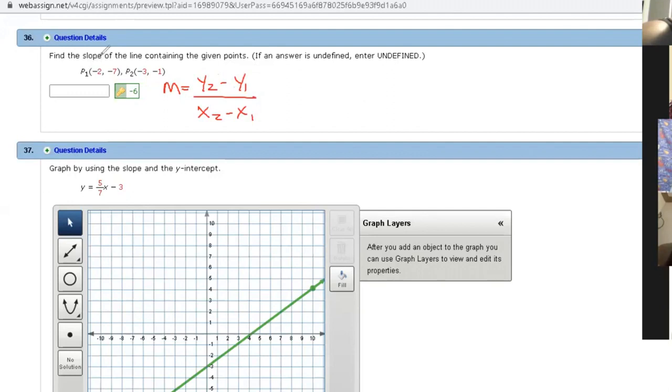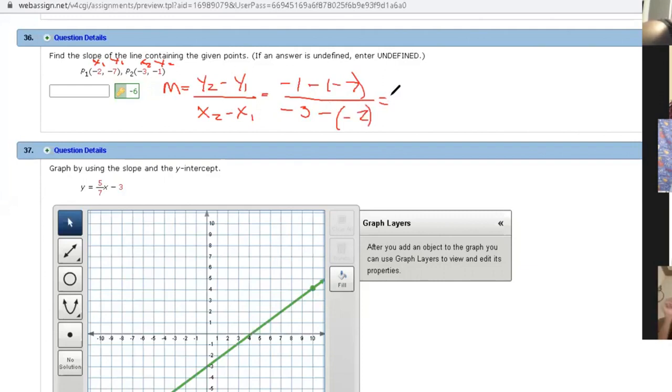P1, which is 0.1, this is our x1 and our y1, and P2, which is 0.2, is our x2 and our y2. So we have -1 minus -7, and we have -3 minus -2.